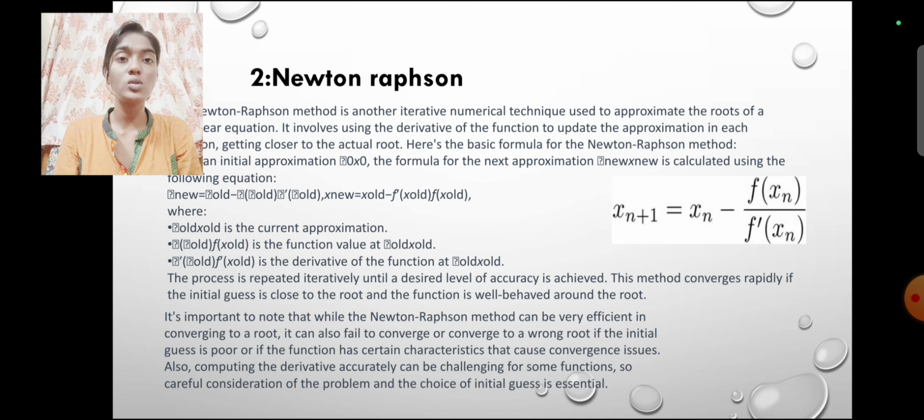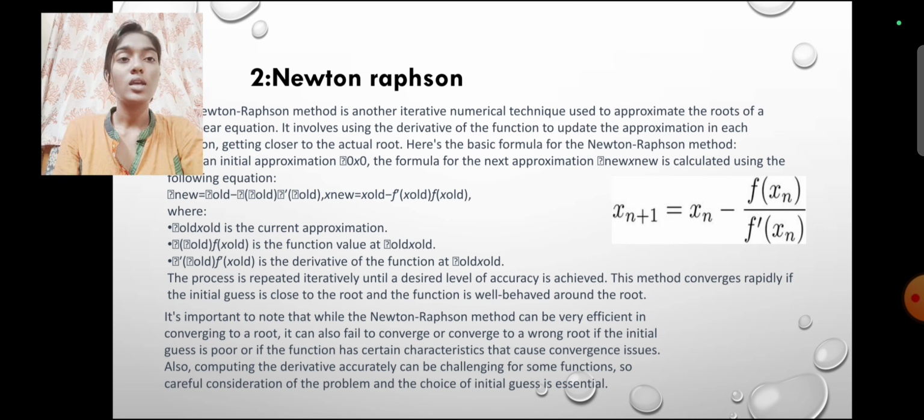It's important to note that while the Newton-Raphson method can be very efficient in converging to a root, it can also fail to converge or converge to a wrong root if the initial guess is poor or if the function has certain characteristics that cause convergence issues. Also, computing the derivative accurately can be challenging for some functions, so careful consideration of the problem and the choice of initial guess is essential.